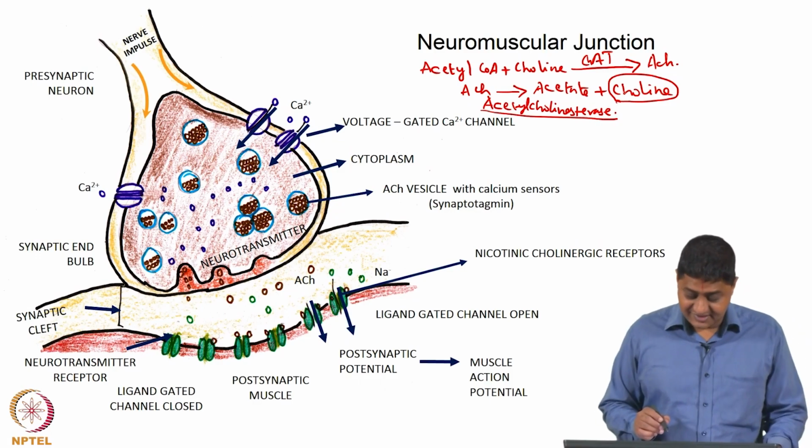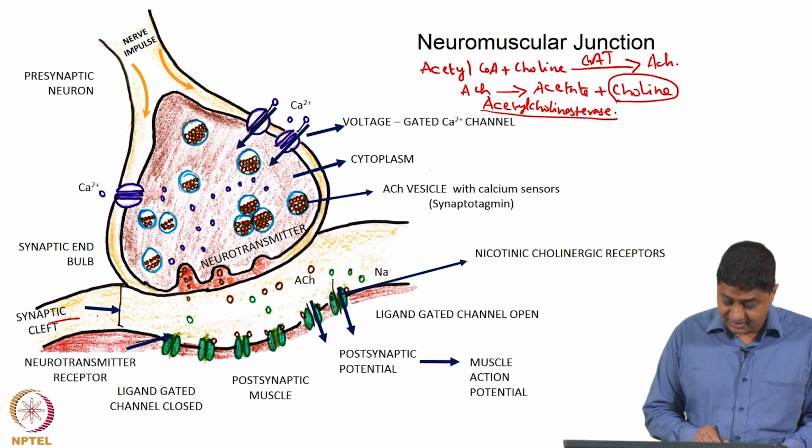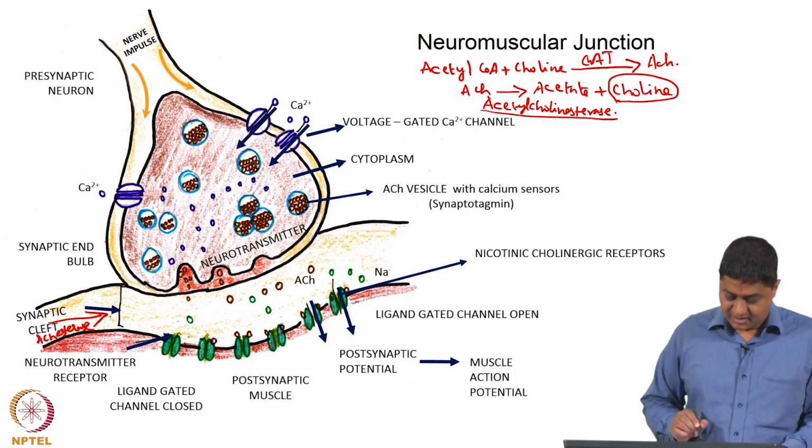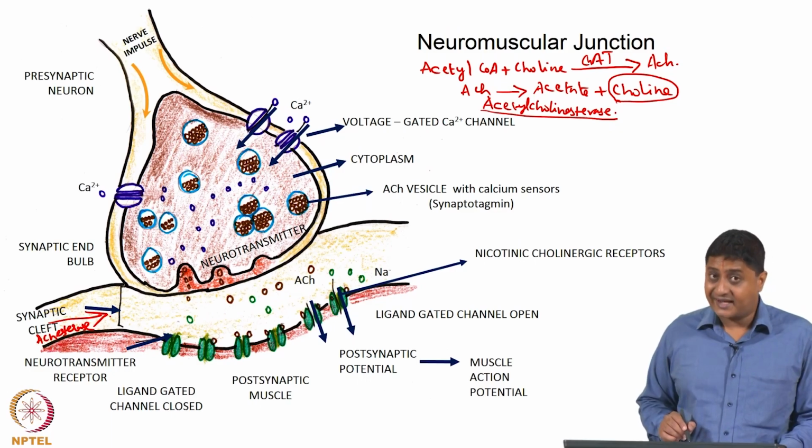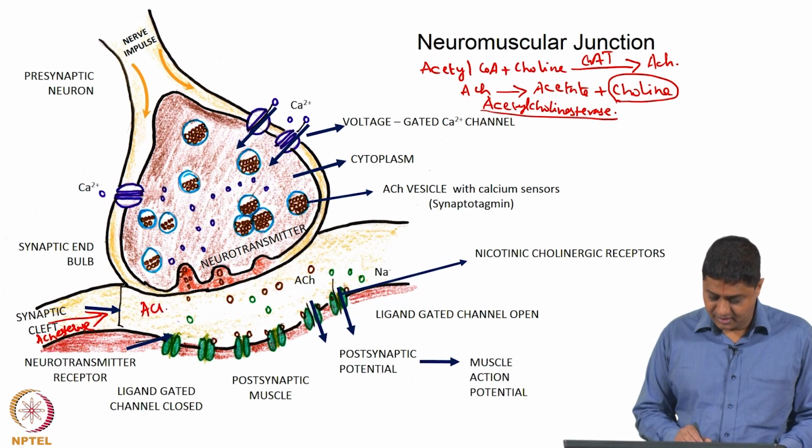So where is this acetylcholine esterase acting? At the synaptic cleft, where it breaks acetylcholine into choline plus acetate.